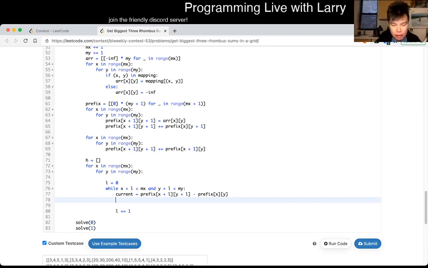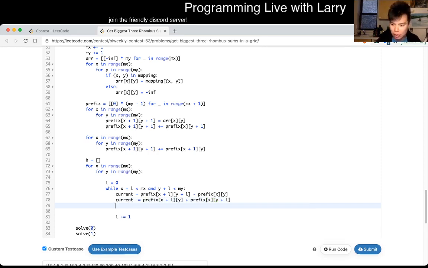Let's see. This is going to be a mess. Okay, so that's the square. And now we have to read. Okay.